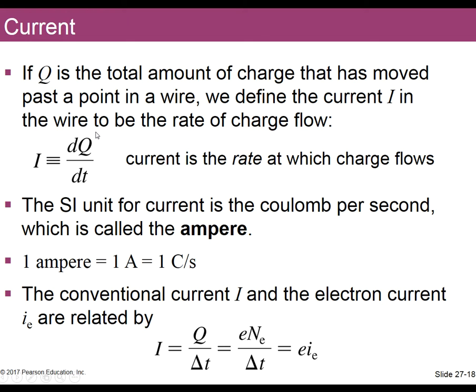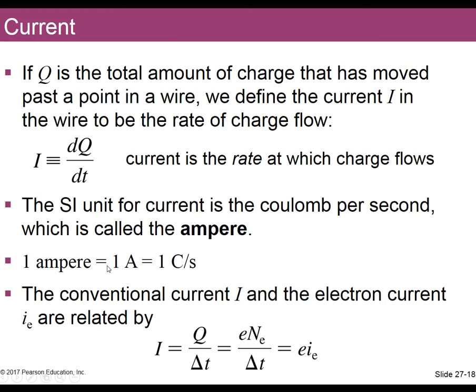So finally, this takes us to a concept that's a little bit more practical, which is looking at current. The current is defined as the rate at which charge flows. So instead of counting the number of electrons per second, which is going to be a lot of them, we don't want to have to write down that the current is 10 to the 11 electrons or 10 to the 20 electrons every second. That's a little bit less practical than just saying how much charge. And then we have this unit called an amp, which is defined as a coulomb per second.